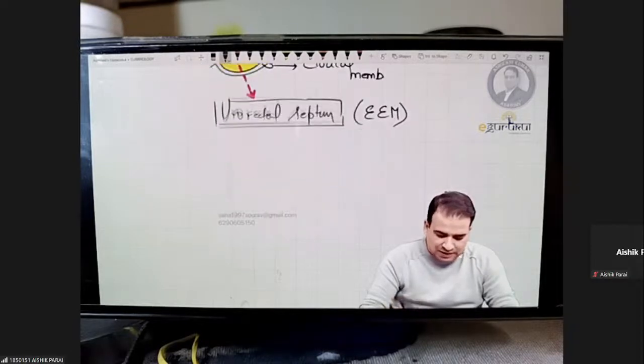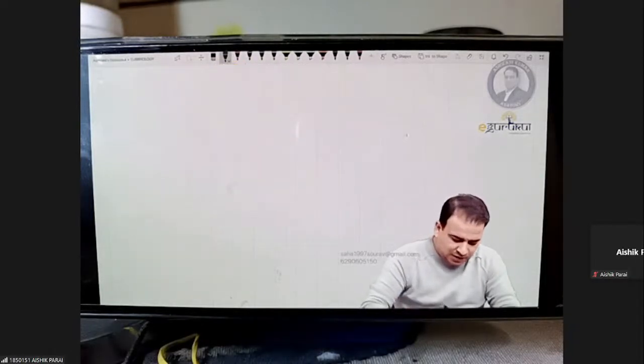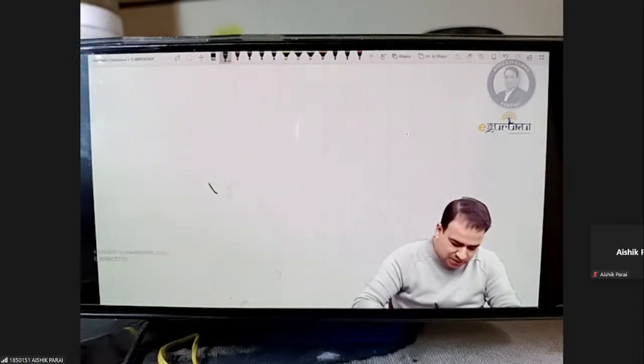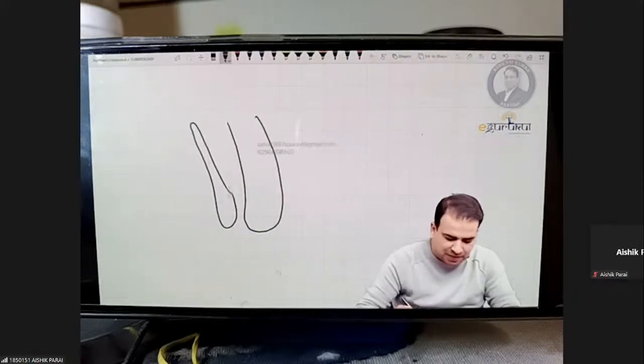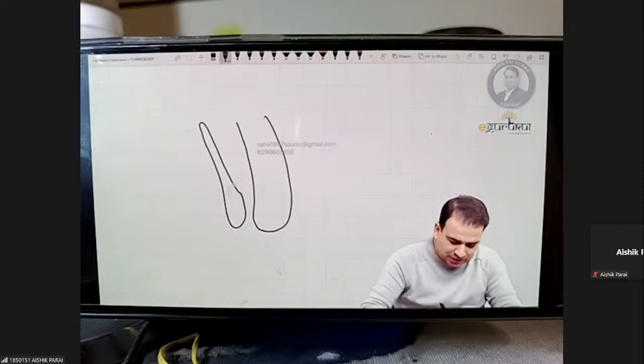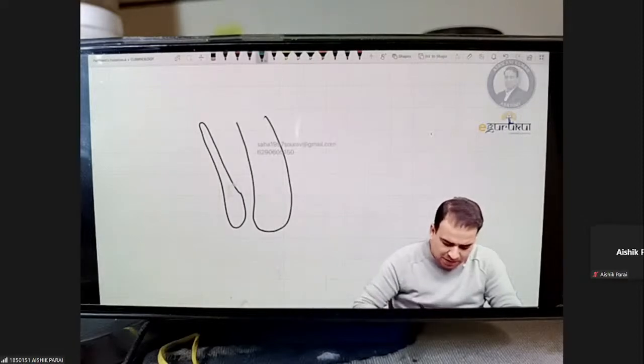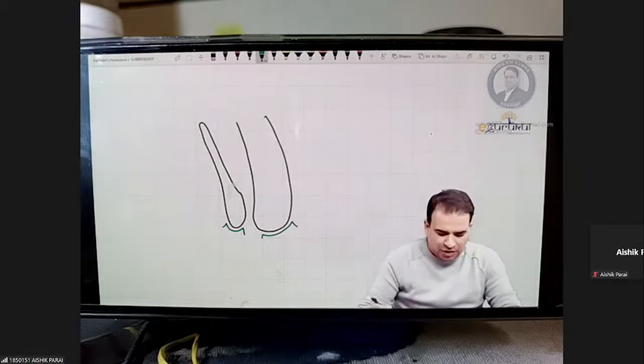So let me draw that next picture. What I'm saying is that the next image would be something like this. This is the anterior part with the allantois, and that is a posterior part, the primitive rectum part. So the septum has already grown inside. I'm not drawing it again. And even the membrane is divided in two parts. The cloacal membrane itself is divided in two parts as well. Look at that. So now we have two different entities, guys.